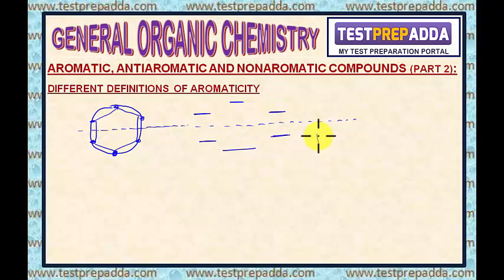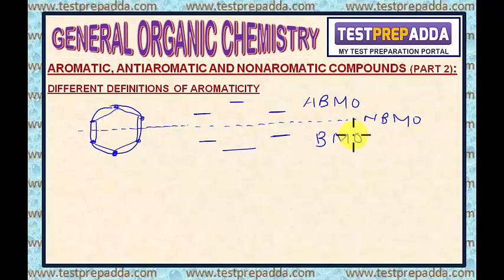These are the bonding molecular orbitals. These are the anti-bonding molecular orbitals. The energy of anti-bonding molecular orbitals will be greater than bonding molecular orbitals. And here, a non-bonding molecular orbital can fall.